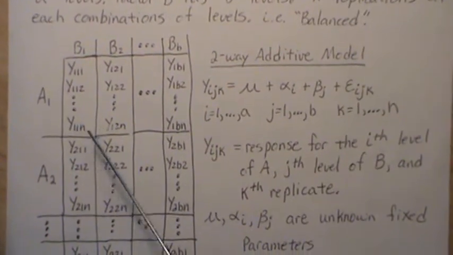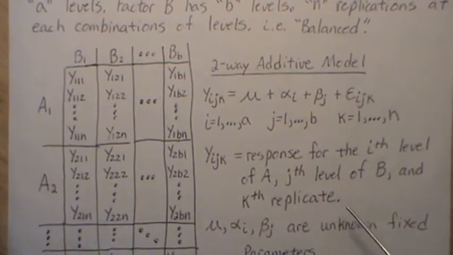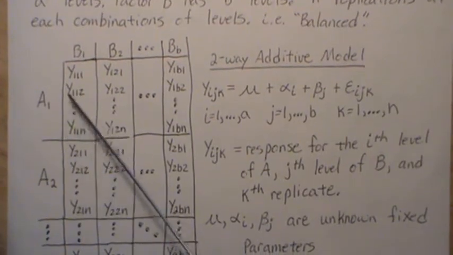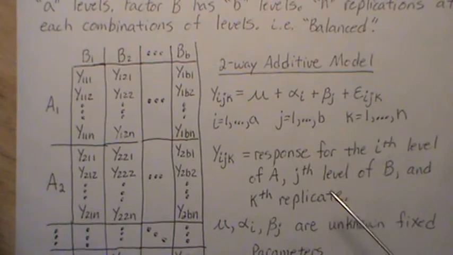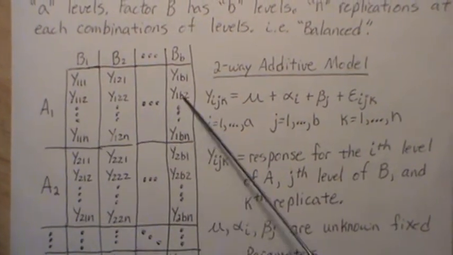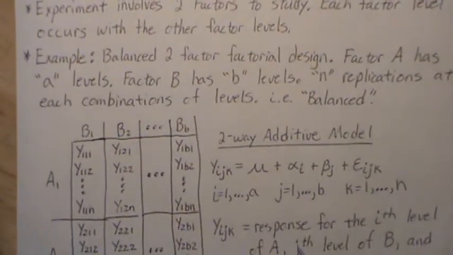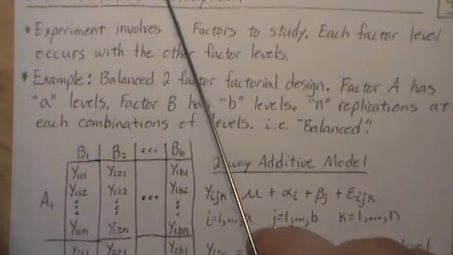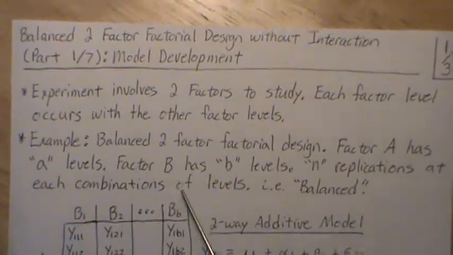If we're studying crop yield, maybe factor A is the amount of fertilizer applied to this plot, and factor B is the amount of weed control applied to this plot. And then they look at yield growth in this plot of land. That's a simple example, but the idea with factorial is that each level occurs within the other.